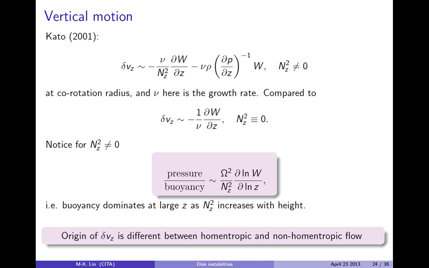It actually diverges with height. So eventually, if you go far away from the midplane, buoyancy will always overcome pressure. So buoyancy eventually becomes dominant. So I think that is a qualitative difference between a uniform entropy disk and a non-uniform entropy disk. The origin of vertical motion is buoyancy in one case and pressure in the other.